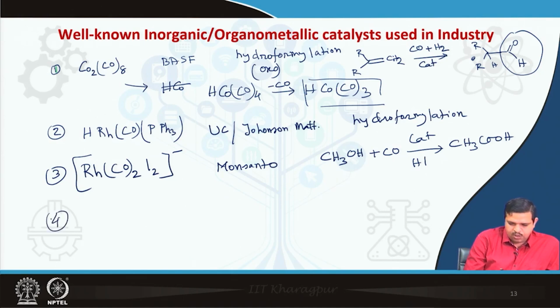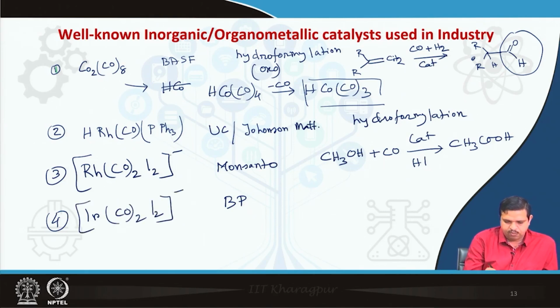Similarly, very much like the Monsanto acetic acid process, there is Cativa, which was developed by British Petroleum. The Cativa process is nothing but a very similar catalyst, just replacing the rhodium by iridium.